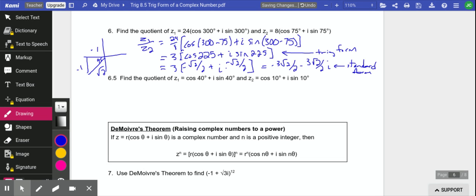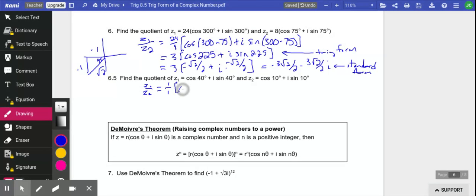All right, one last one. We want to find the quotient of Z1 and Z2. So we are going to take our R's. Oh, these both have an R of 1, just 1 over 1.